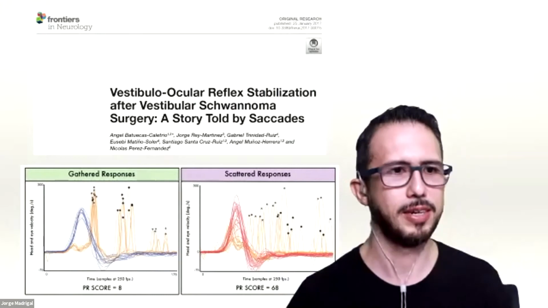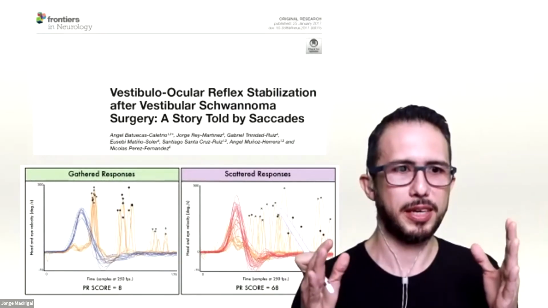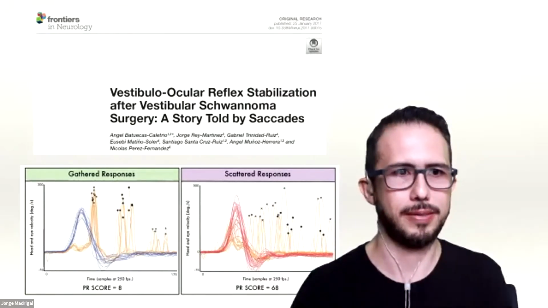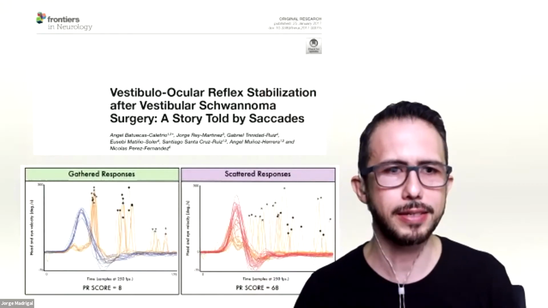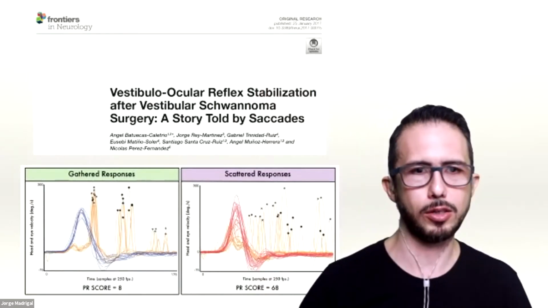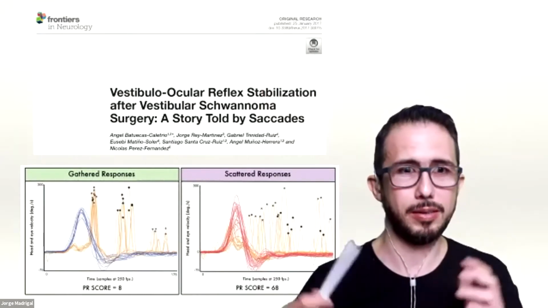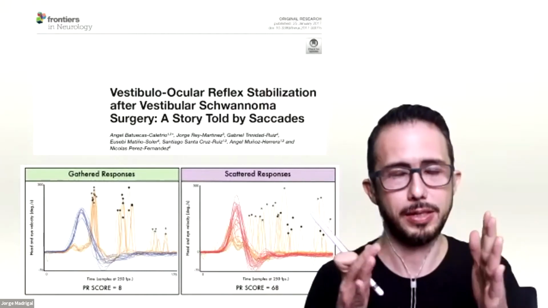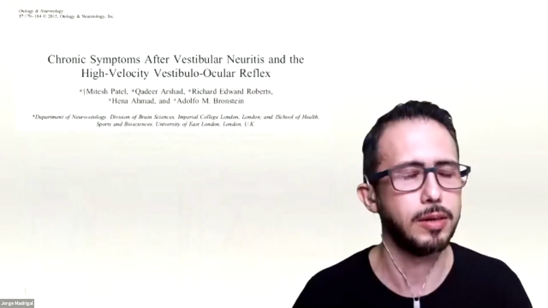Nicolas told us about how they discovered that a patient with gathered responses of compensation saccades is usually a patient that's going to be happy, is going to be less symptomatic in comparison with a patient who still has scattered responses in the V-hit, no?